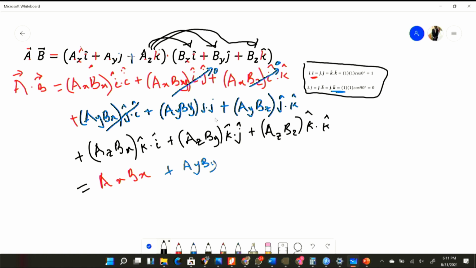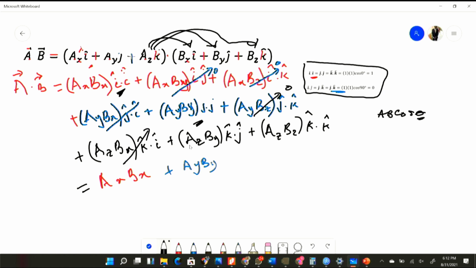So this is done. Likewise this. Now we also have J dot K turning to 0, as given here, because J dot K has 90 degrees between them and cos 90 is 0. Don't forget that our dot product is AB cos 90, and cos 90 is 0. We also have K dot I, where the angle between them is 90 and cos 90 is 0.